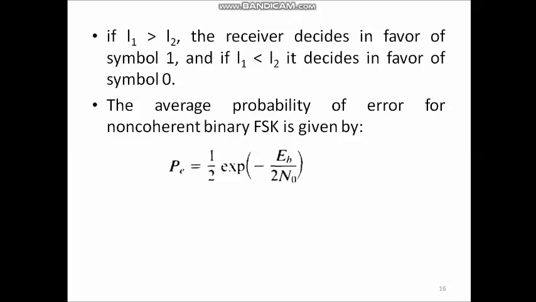So, the non-coherent receiver always gives lower performance compared to the coherent detection method. Coherent detection gives better performance, but complexity is more because carrier synchronization is required in the coherent version. The non-coherent version is simple, but its error performance is less compared to the coherent version.